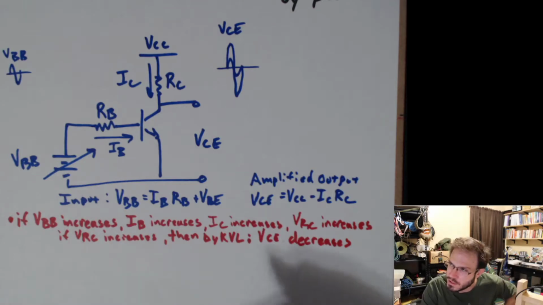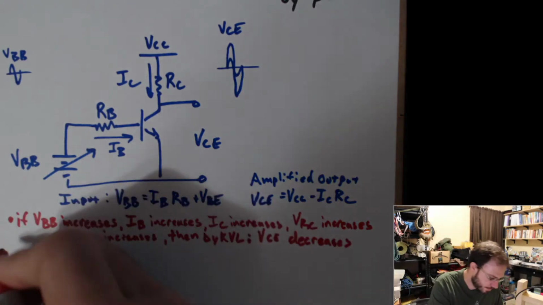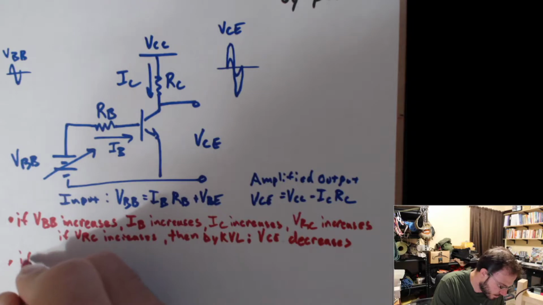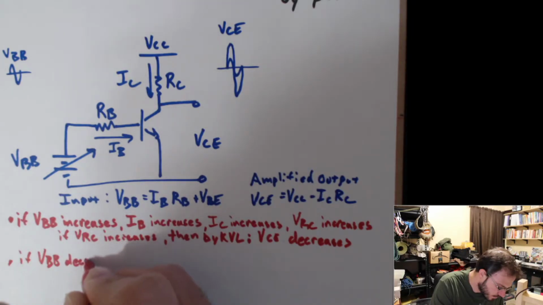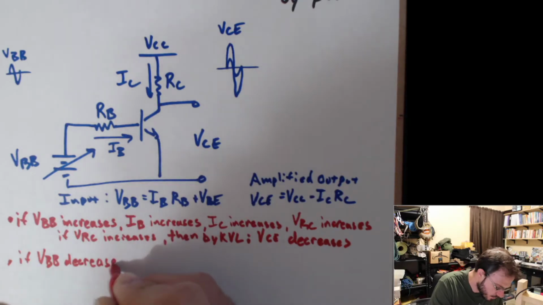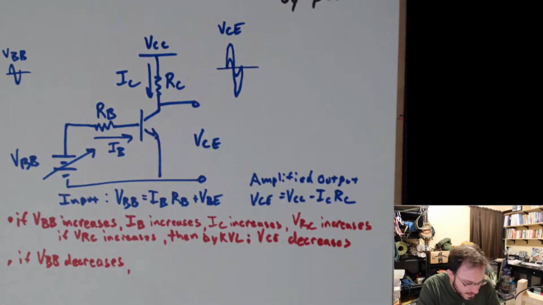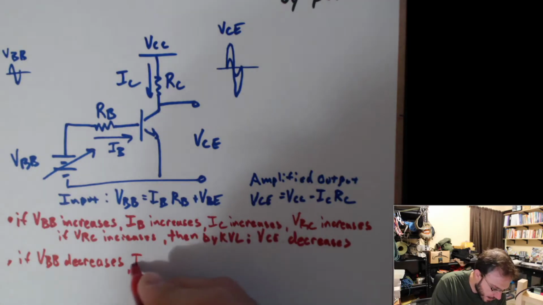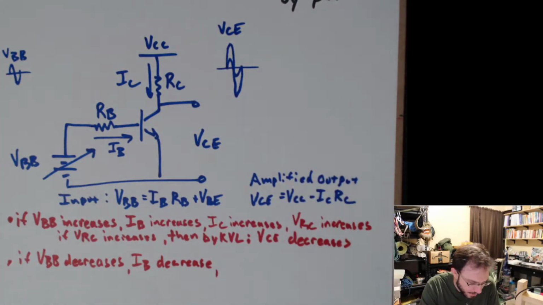What about if the voltage on the input goes down? If VBB decreases, then IB has to decrease. And see, it's just going to be the opposite of the above statement.